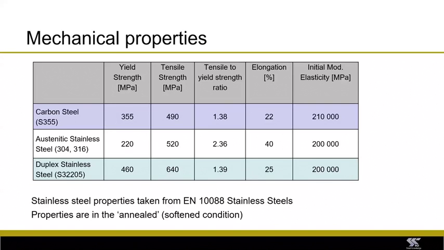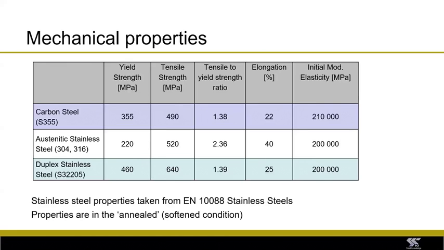The tensile to yield strength ratio, well, for carbon steel and duplex stainless steels, it's pretty similar. For the austenitics, it's much higher, around 2.4. This is because of the strong work hardening. The elongation, again, carbon steel and duplex are similar, and the austenitics have about twice as much elongation.